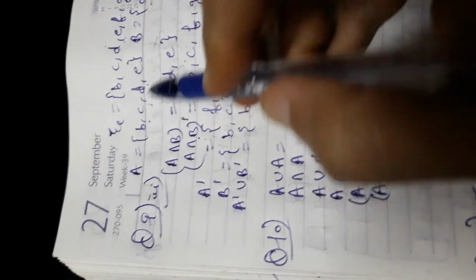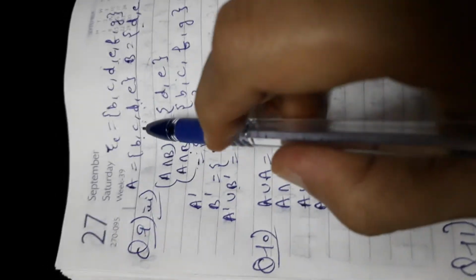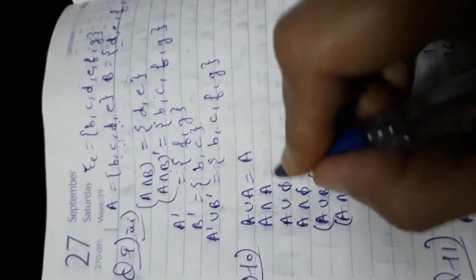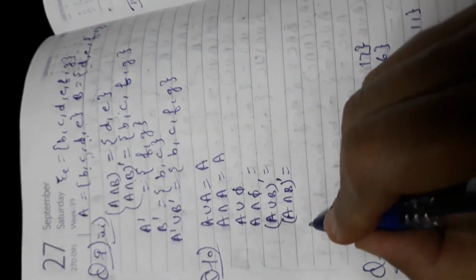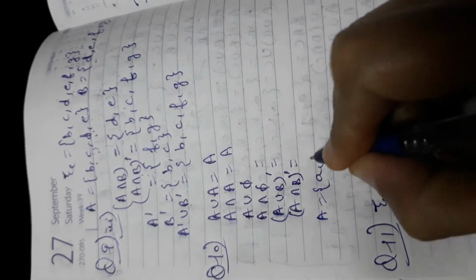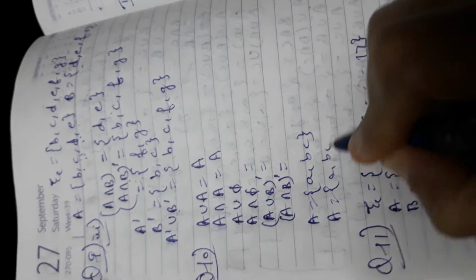A union A. Now see, if you have to find the union of a set with the same set, the set remains the same. It will be A only. Now intersection, again the same. Like if I take A as ABC, its intersection with A only will give you ABC itself.